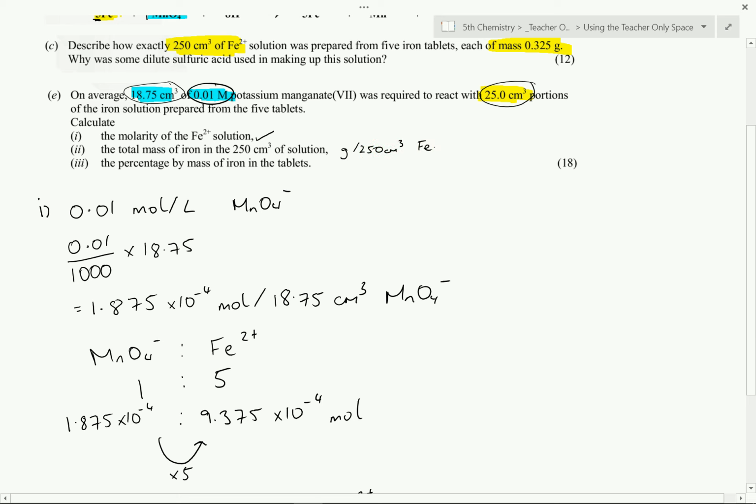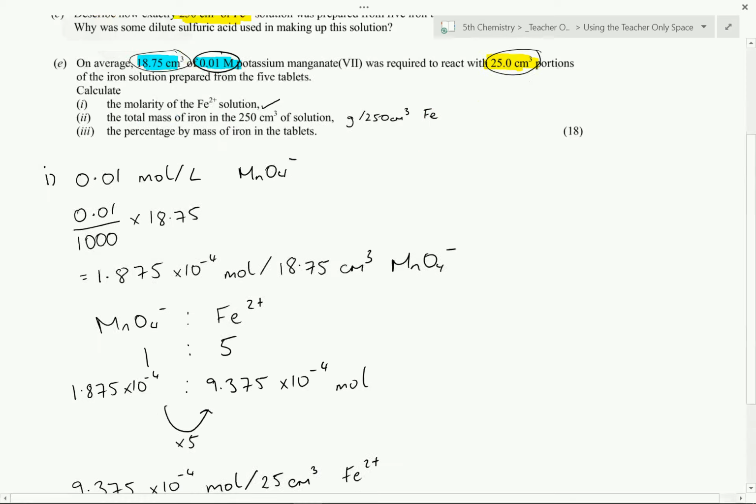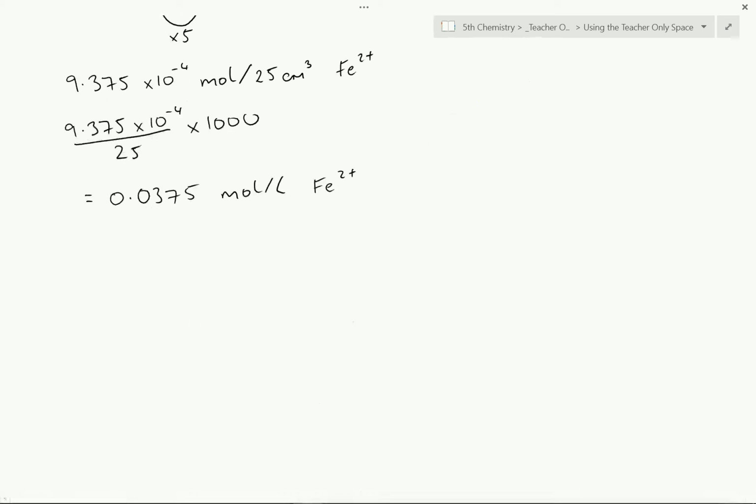So I need to convert my previous answer, my moles in a litre, into grams in 250 mils. So for part 2, I need to go from moles per litre to grams in 250 mils. So I'll go from moles to grams first. And to go from moles to grams, I need to multiply by the molecular mass of iron, which is 56.